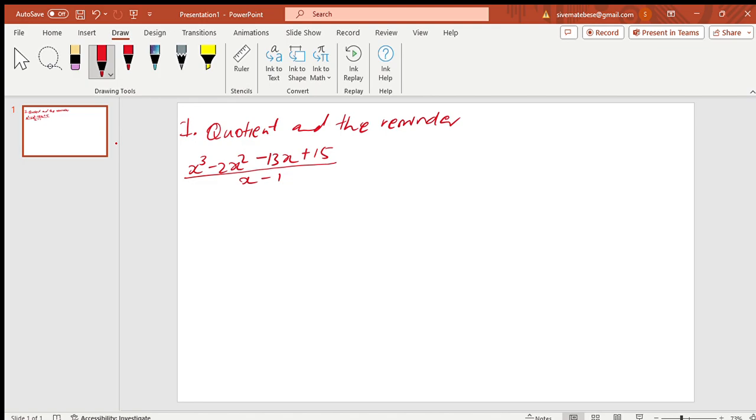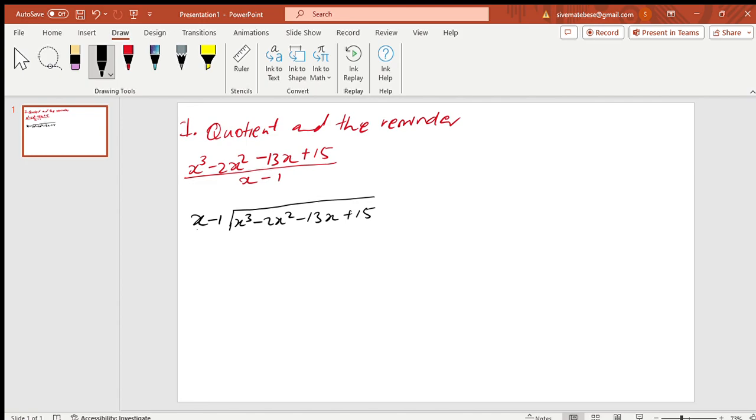So now what we do is we take the divisor, x minus 1. By the way, this is our solution. So now we're going to say x minus 1, and all this should be divided into x raised to 3 minus 2x squared minus 13x plus 15.